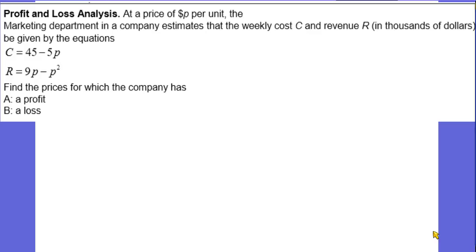Find the prices for which the company has A, profit, B, a loss.